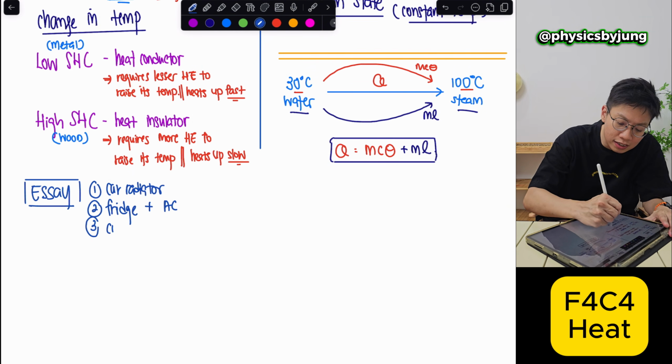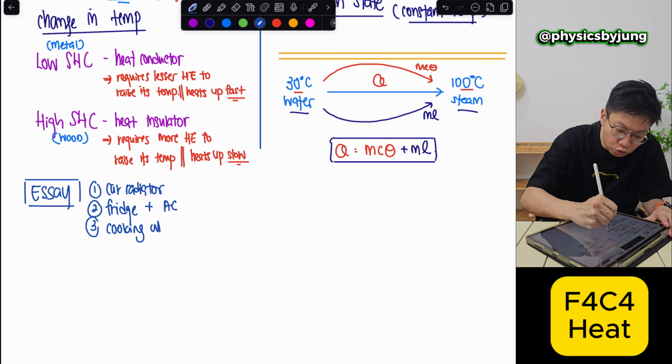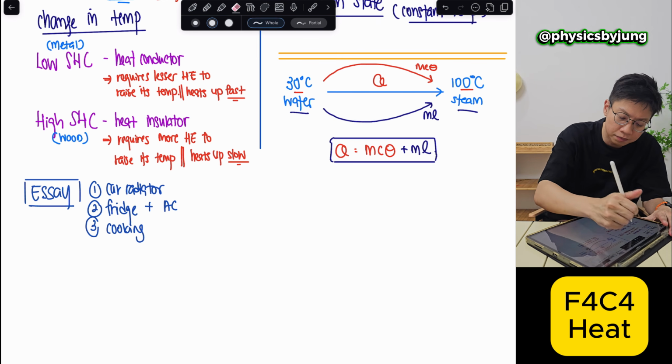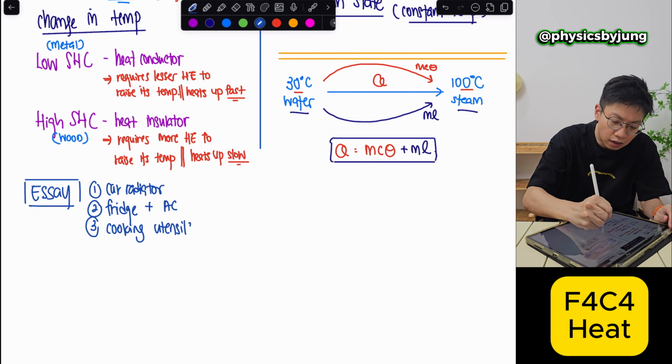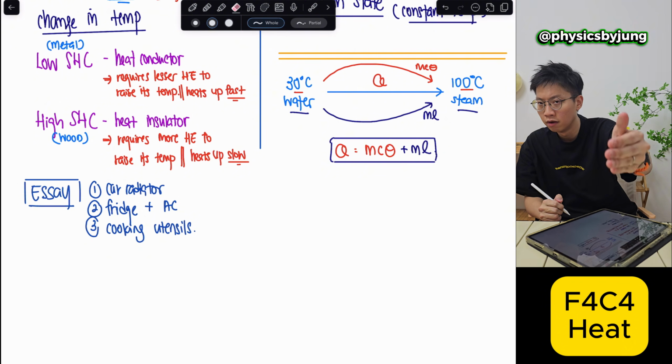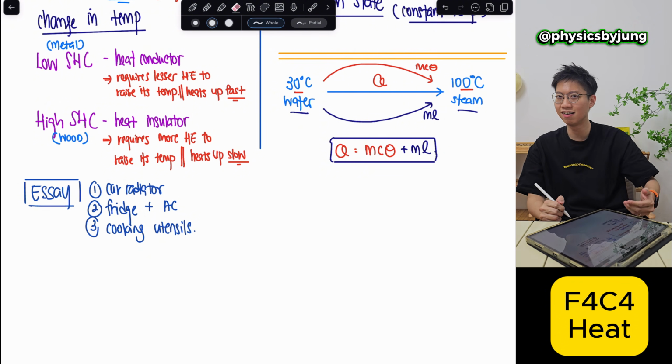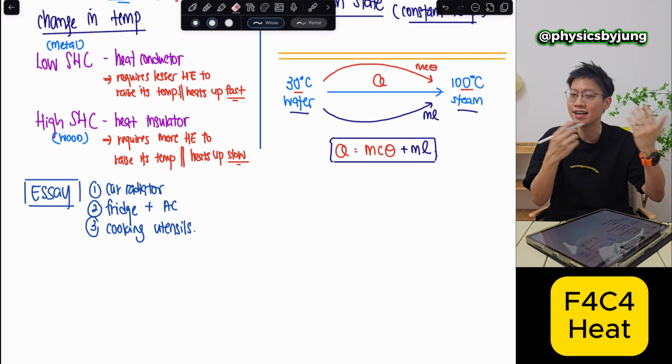Then the next one is all the cooking utensils, for example the egg steamer, the pressure cooker, the solar cooker and everything.